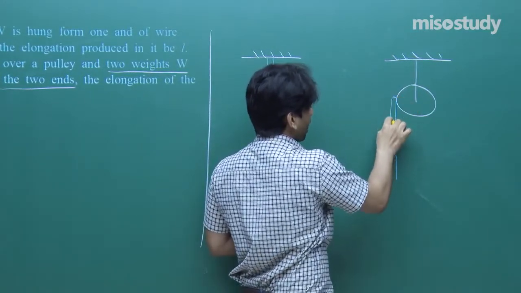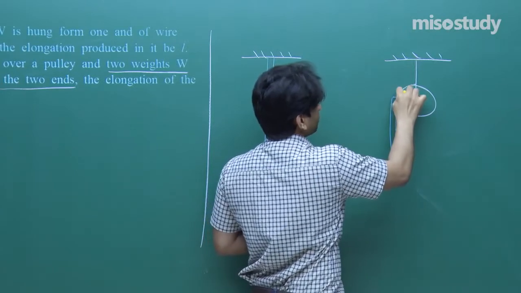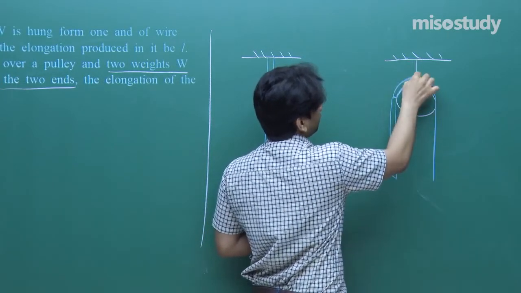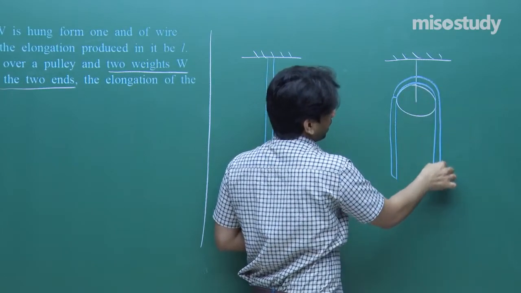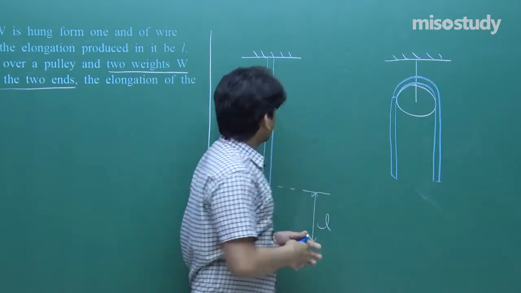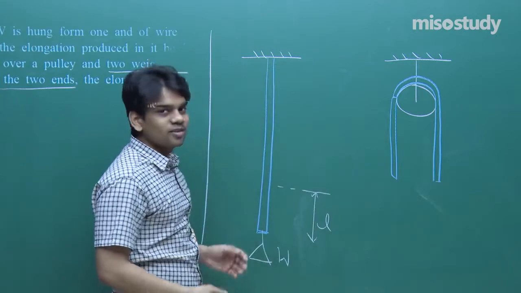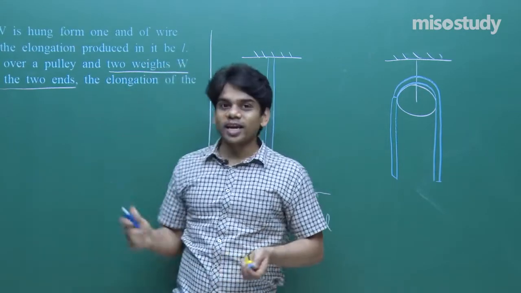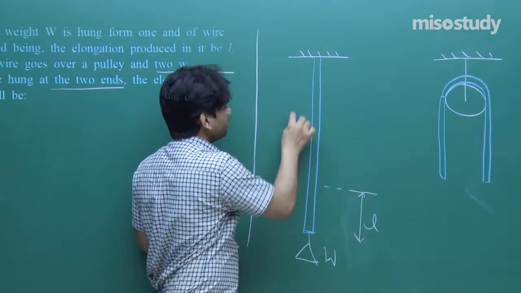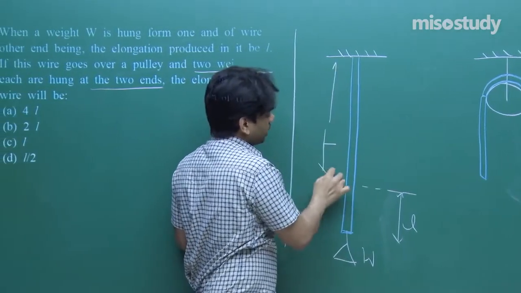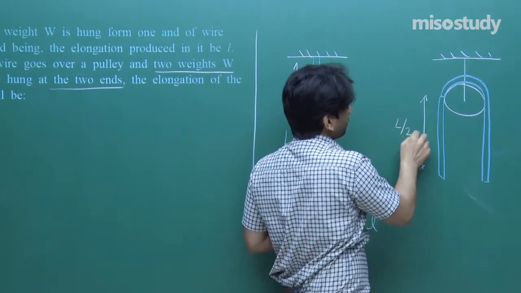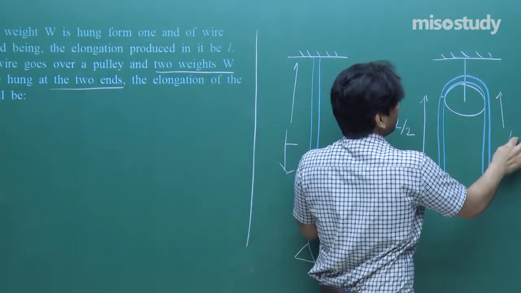Half the part will be hanging at this side, and the remaining half at this side. If the total length is L, the original length, then in this case it will be L by 2 and L by 2.